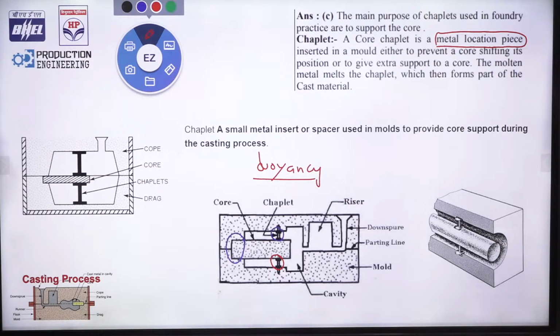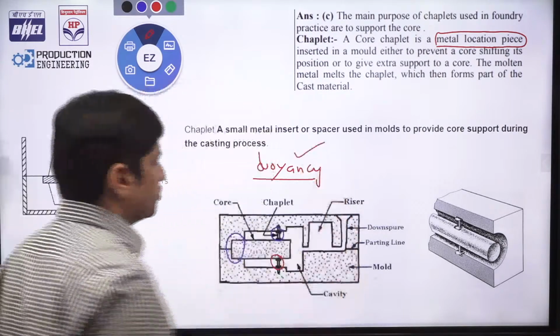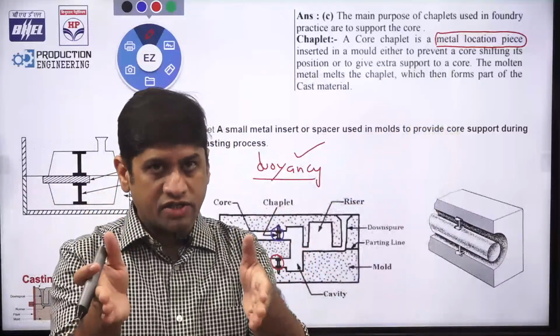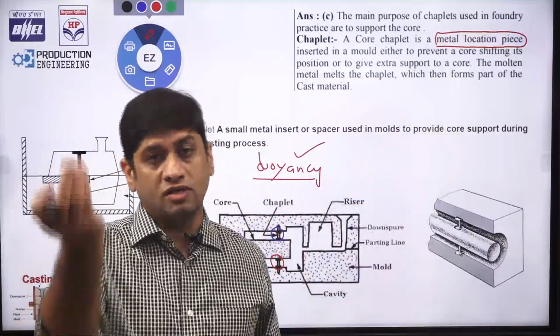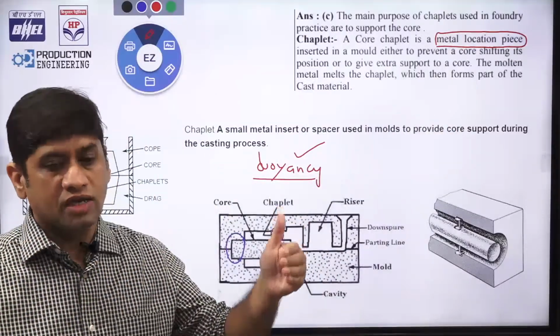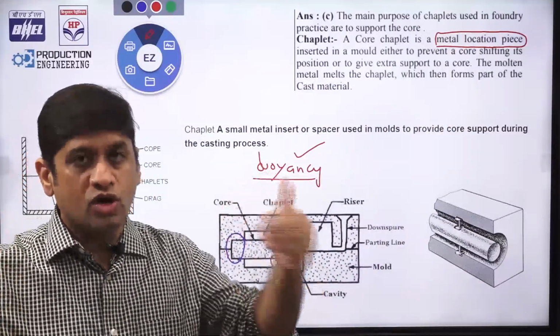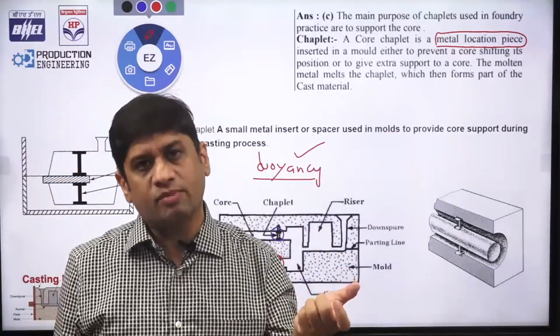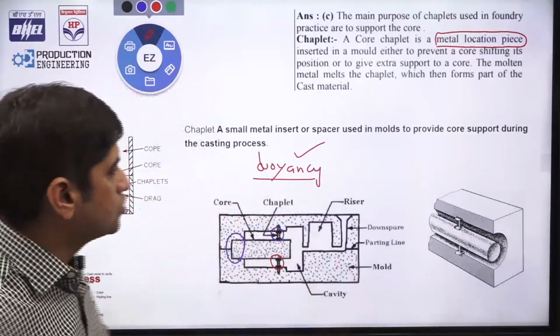Why will the core shift its position? Because of buoyancy force. So they are metallic pieces that keep the core at its location. The force acting on the core is buoyancy force. Core is basically there to produce the hollow sections, and core is also given support in the cope and drag part through core print. These three things you should know.